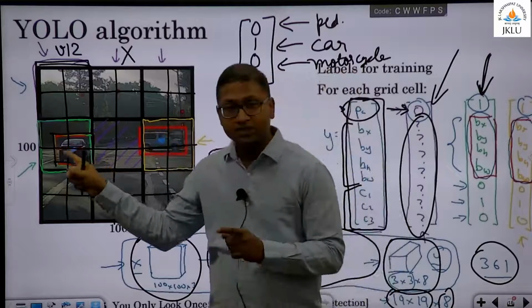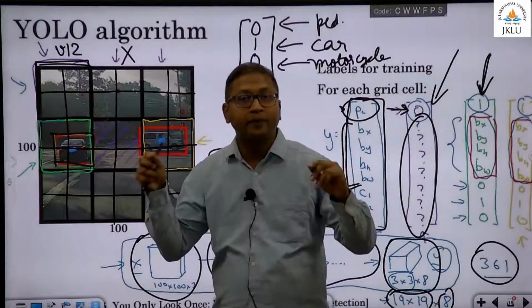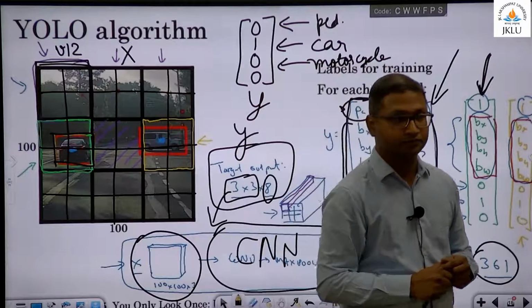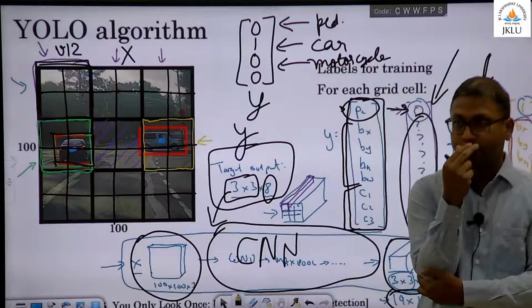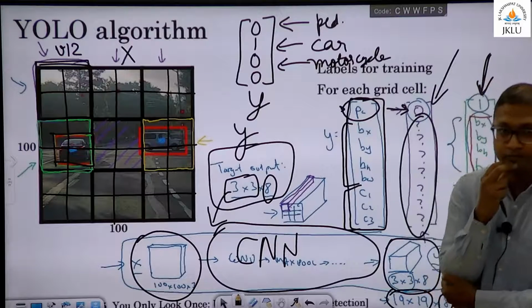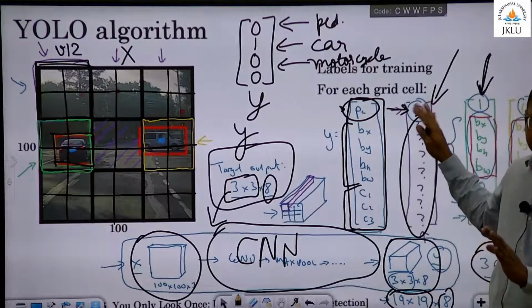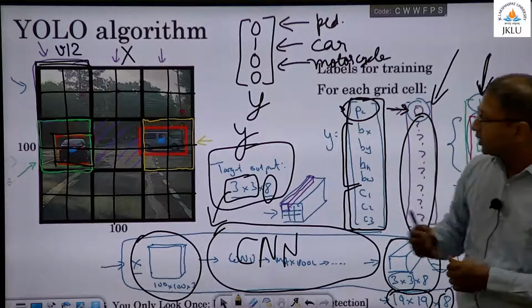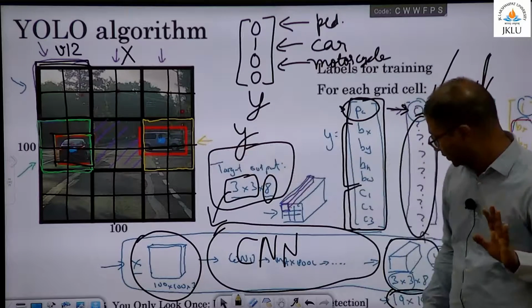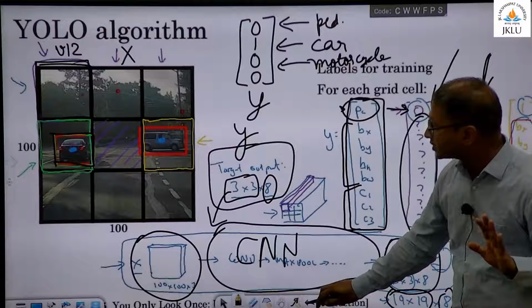What YOLO does is it does not depend on whether one grid captures an object fully or not. It's a complicated one, we'll see. So instead of 3 cross 3, you divide it into 19 cross 19. I'll keep it 3 cross 3 right now.